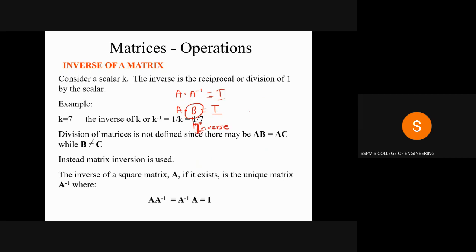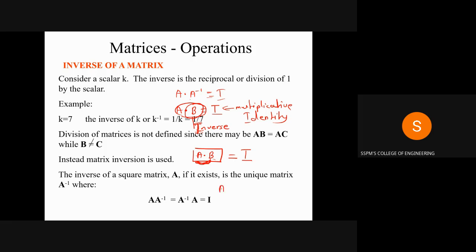If you multiply them, you get the multiplicative identity. When you multiply two matrices, suppose they are A and B, and you get the identity matrix I, then we can say that these two are inverses of each other. That is, B is the inverse of A, or A is the inverse of B.